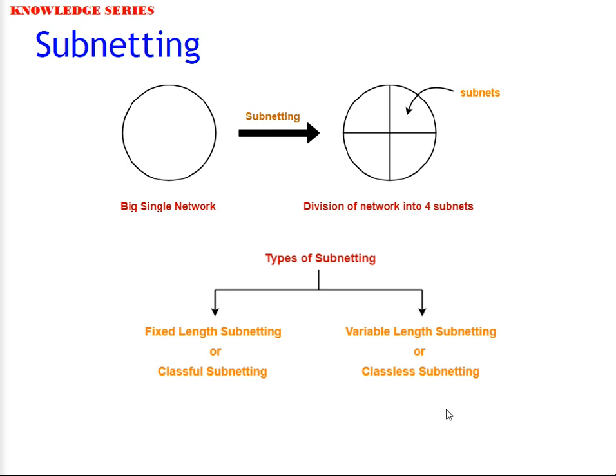So in the 32 bits, you have a network and a host ID. For the 128 bits, we use different methods. So there we don't have a class. That is a classless form of subnetting. And here we consider an equal number of hosts, whereas there we do not have an equal number of hosts.